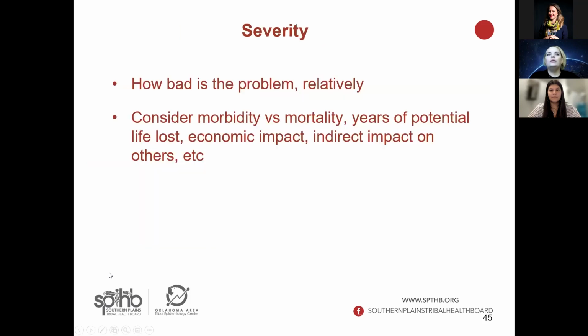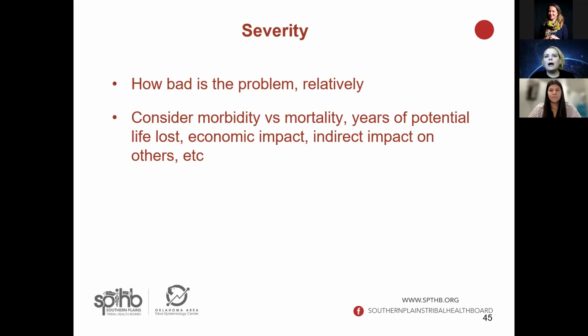So another thing we look at is severity. And magnitude and severity can be confusing to distinguish. I don't even think you need to worry about distinguishing them, as long as you consider these things that represent magnitude and severity. So I think the best way to distinguish them is by example.